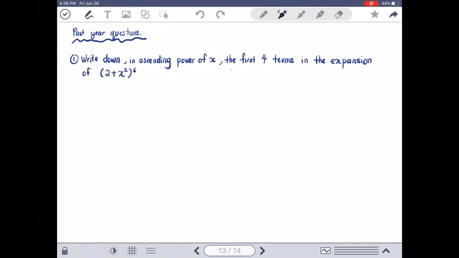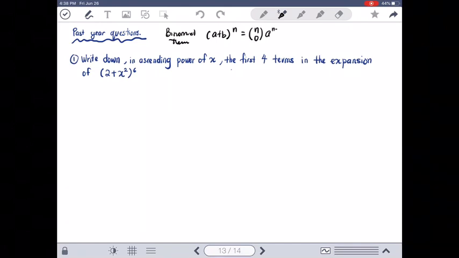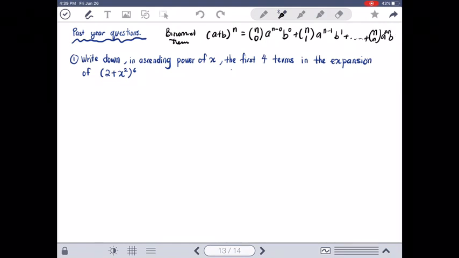And we know that the binomial theorem states that if we have (a plus b) to the power of n, this is just equal to nC0 a to the power of n minus 0, b to the power of 0, plus nC1 a to the power of n minus 1, b to the power of 1, and it goes on until nCn a to the power of n minus n, and b to the power of n.